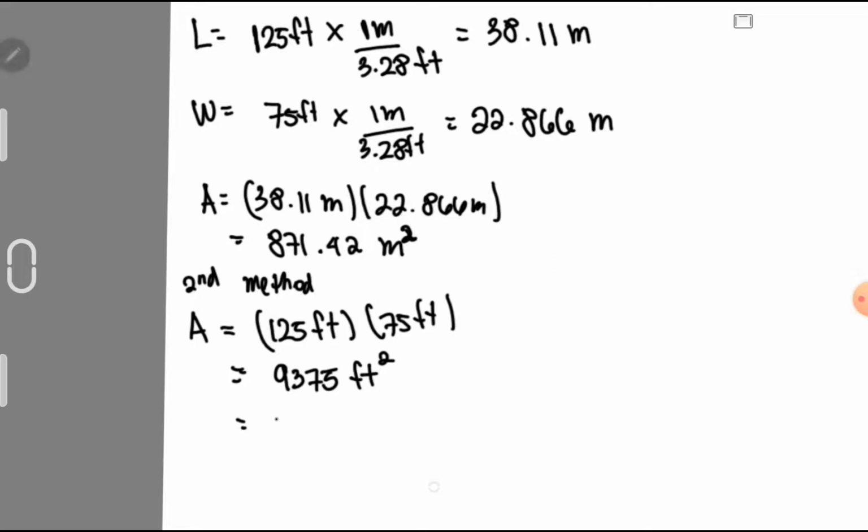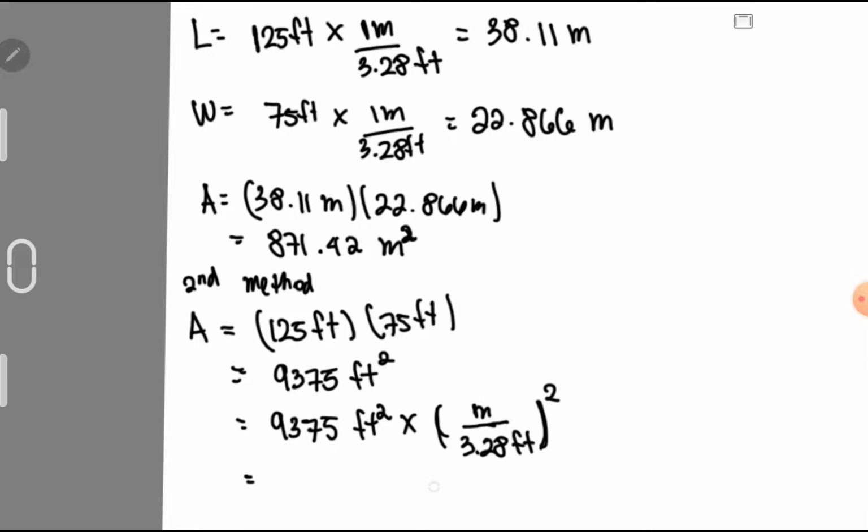Then, because the problem wants us to have an SI unit in meter squared, we will convert it. So 9375 feet squared multiplied by 1 all over 3.28 feet per meter. Take note that your constant of conversion should be inside the parentheses if you will square this one.